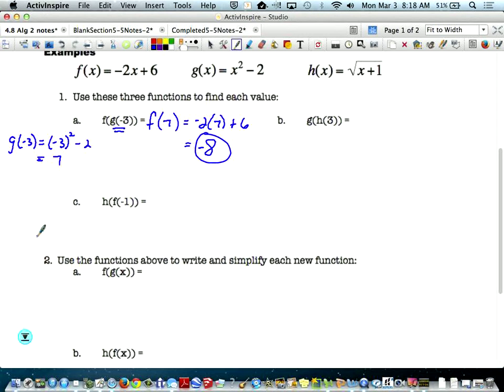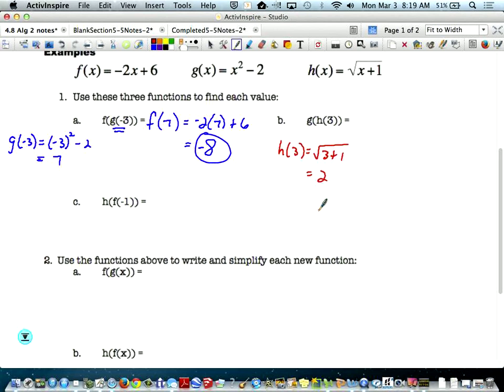Next, H of 3. So put 3 into H first. Again, you might do some work off to the side. What is H of 3? Well, here's H, so it looks like the square root of 3 plus 1. What's 3 plus 1? 4, square root. So that's a 2.